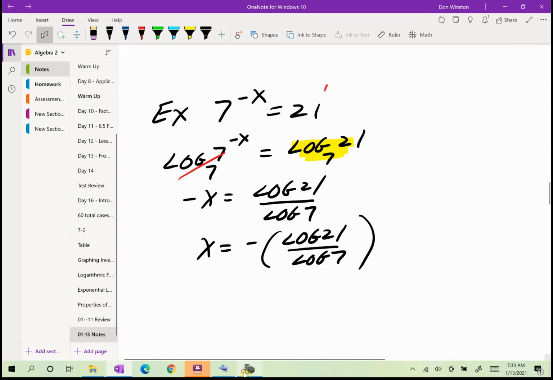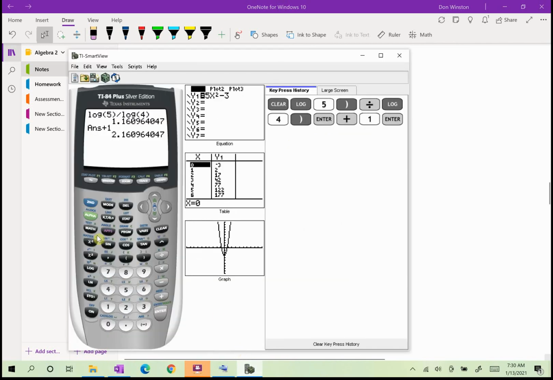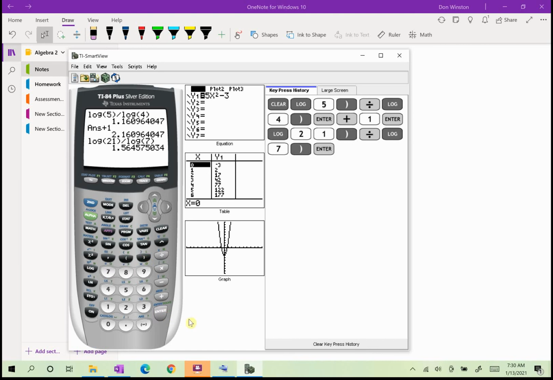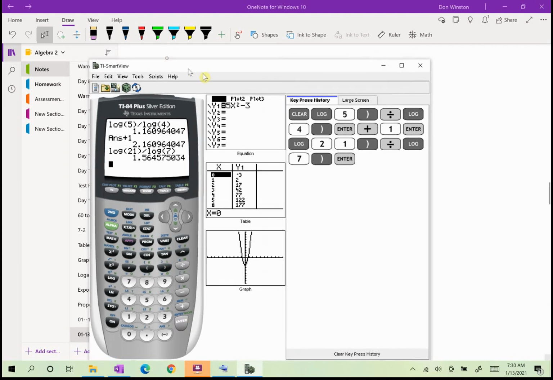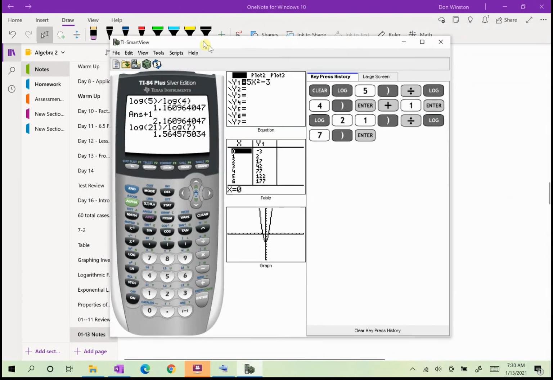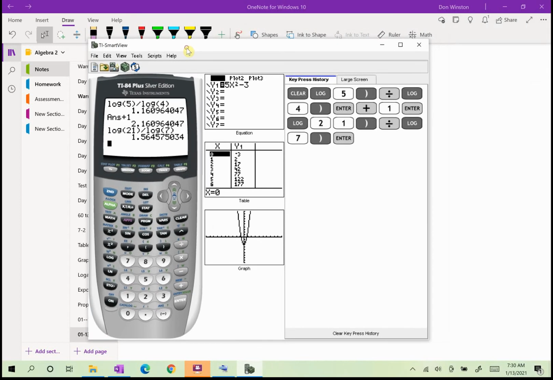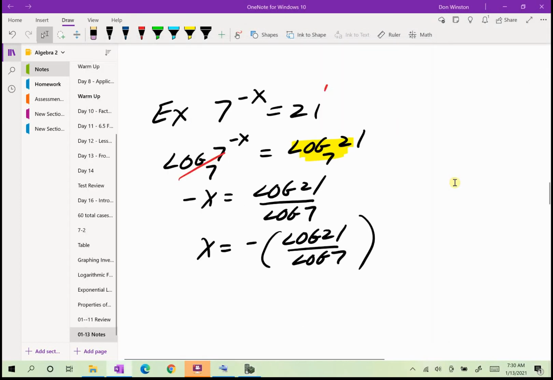If you wanted to evaluate it, that would be log of 21 divided by the common log of 7, and then the answer would be negative. Let me just make sure that was 21 divided by 7. Yeah, so approximately negative 1.565.